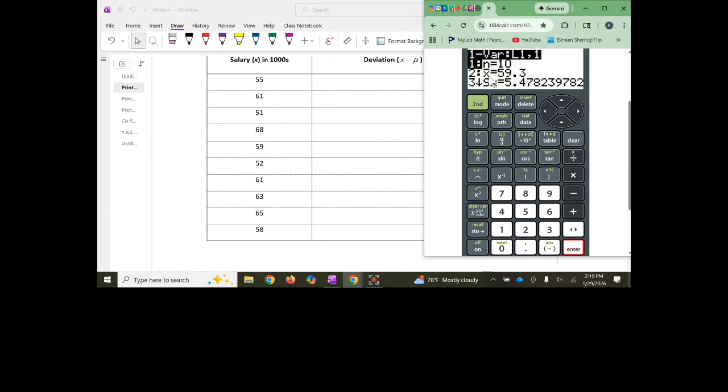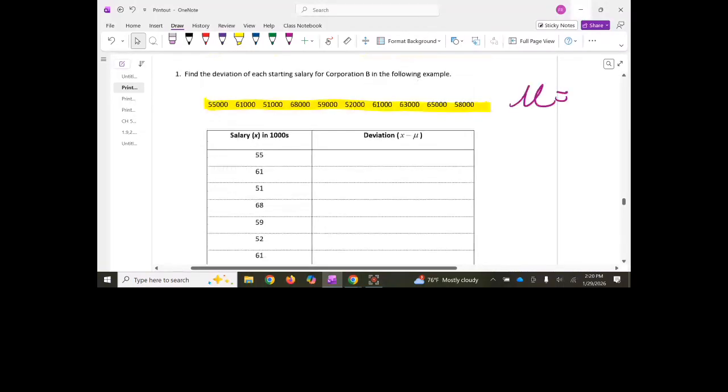I talked about looking for the little mu, the funny looking u, which is the average. My calculator always writes it as x with a bar, okay? But my average here is 59.3. So we're going to come back up here and say the average is 59.3.